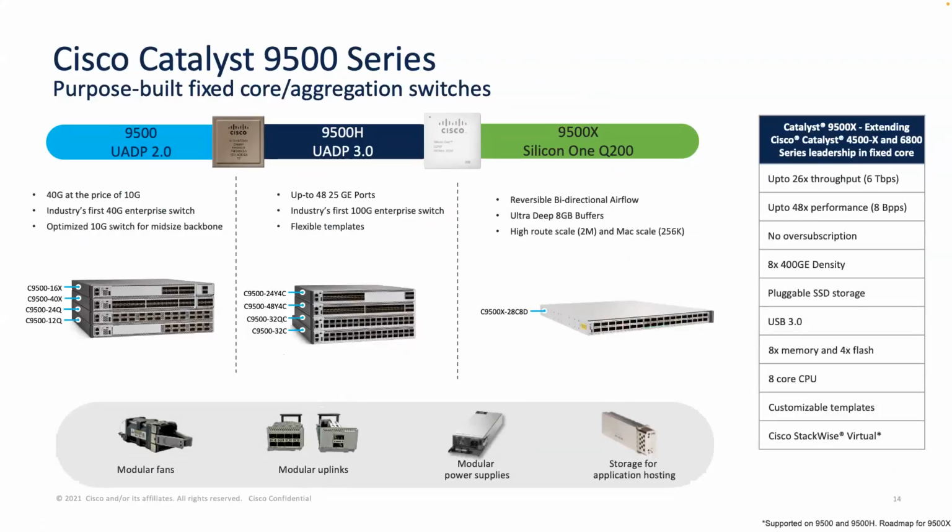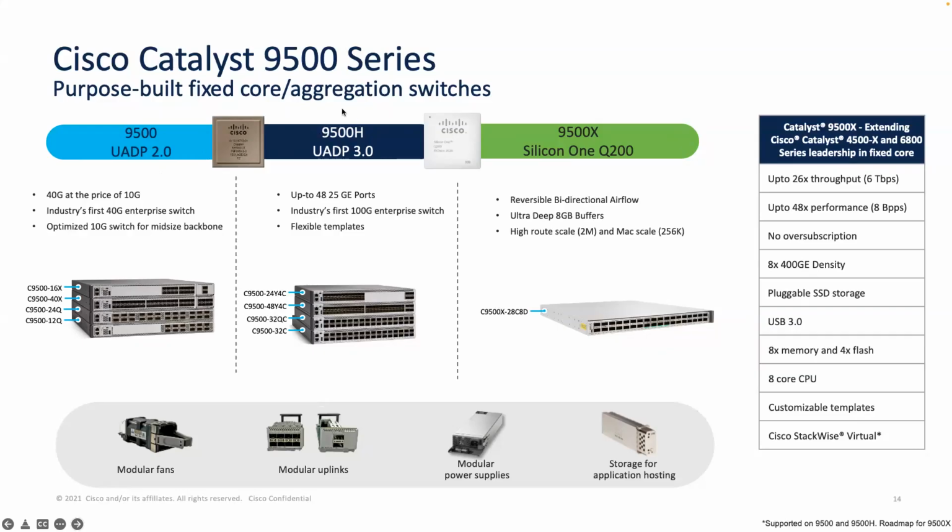Moving to the next one, the 9500. It is designed as a core switch. It is a 1U fixed module. And in terms of the forwarding ASIC, as you can see from here, there are 3 generations for the 9500. The first generation is the ones with the UADP 2.0 ASIC. They provide ports at rates of 10 gigabit or 40 gigabit. And the second generation is named the 9500H.